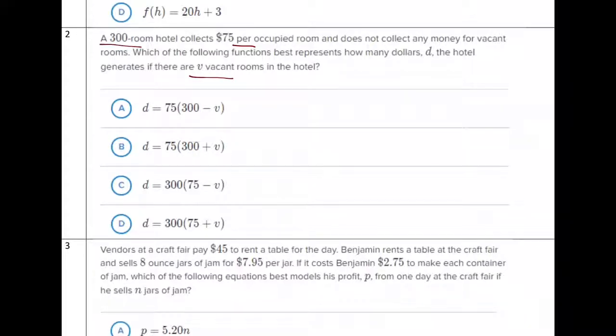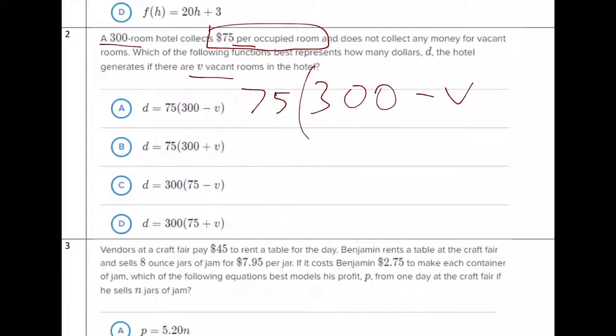So how many rooms are then occupied? Well, the total, 300, minus the number that are vacant. That tells us how many are occupied. And we are going to collect $75 per occupied room, so we will multiply this entire thing by 75. And we see that A is the best answer.